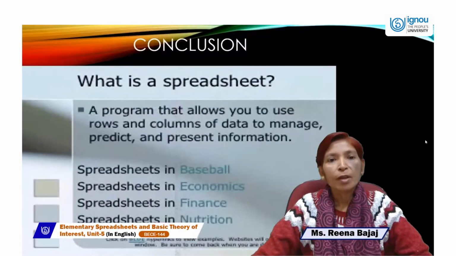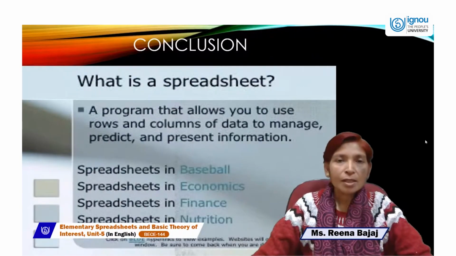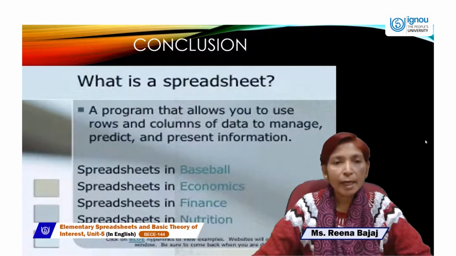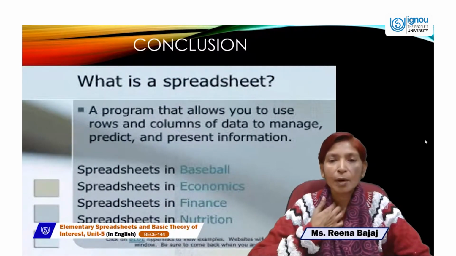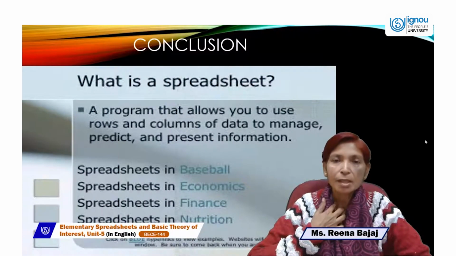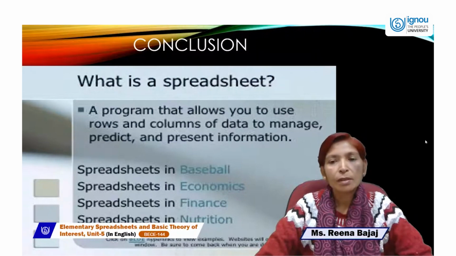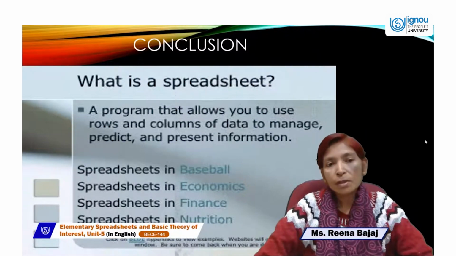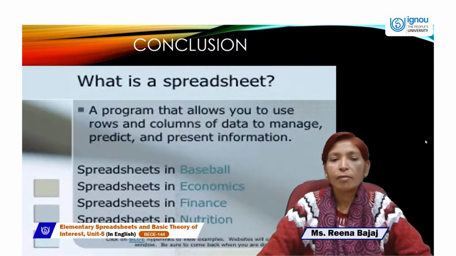Next is conclusion. From today's session, we can conclude that we have discussed spreadsheets. A spreadsheet is a program that allows us to use rows and columns of data to manage, predict, and present information.